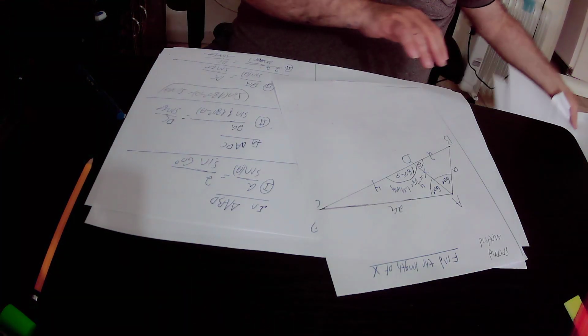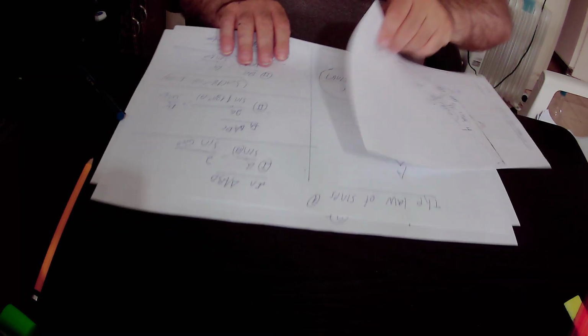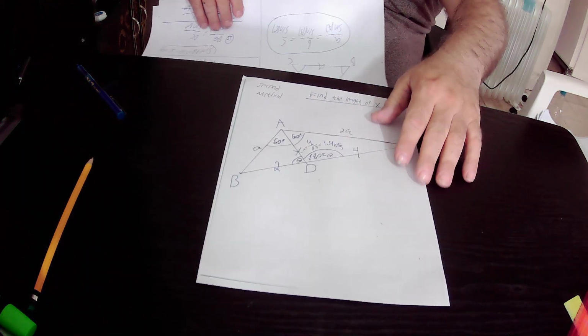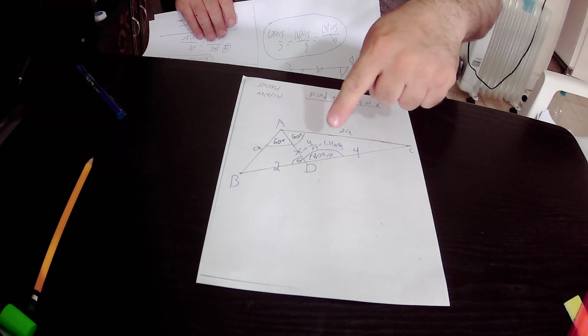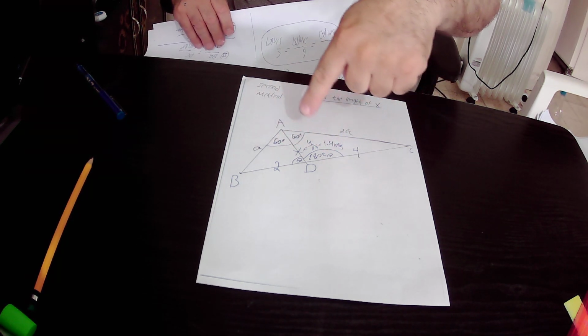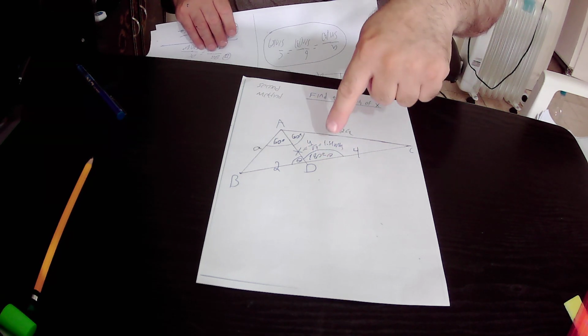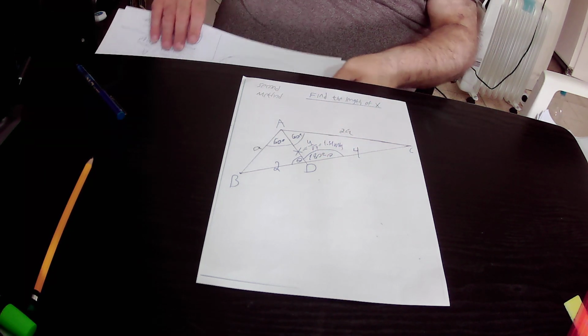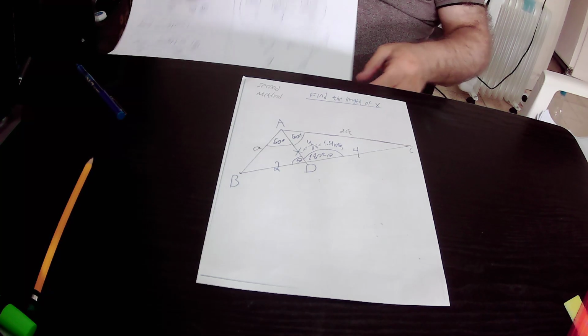In the second method, we defined angle ADB as theta, therefore angle ADC must be equal to 180 degrees minus theta. Then I presented to you the law of sines.